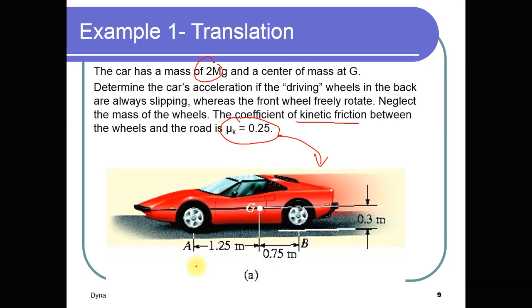Meanwhile, you can see the distance from the front tire and center of gravity to the rear tire, and the distance from the center of gravity to the ground. From these parameters you need to determine the car acceleration.